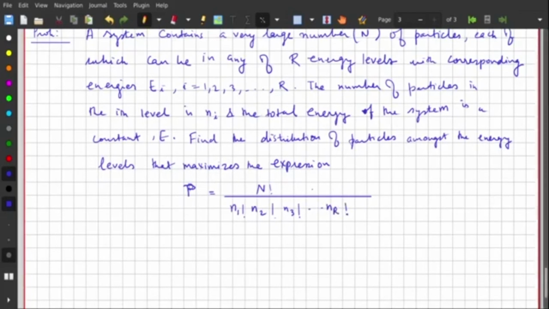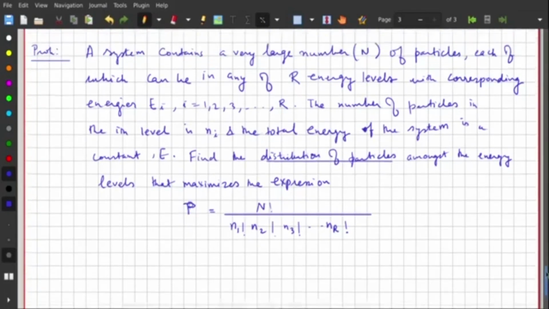So what we want is to find the distribution of particles among the various energy levels such that this expression is maximized.